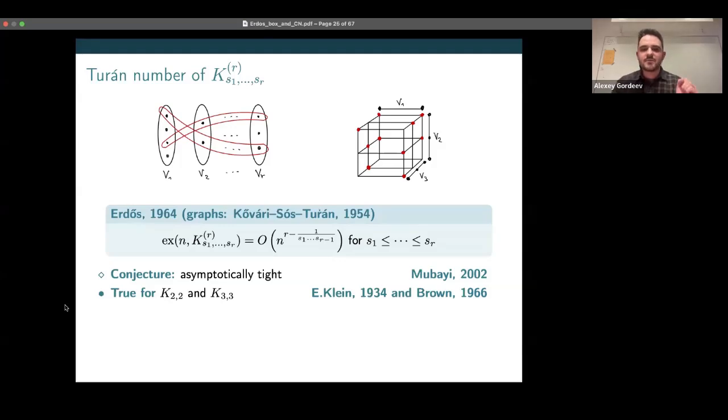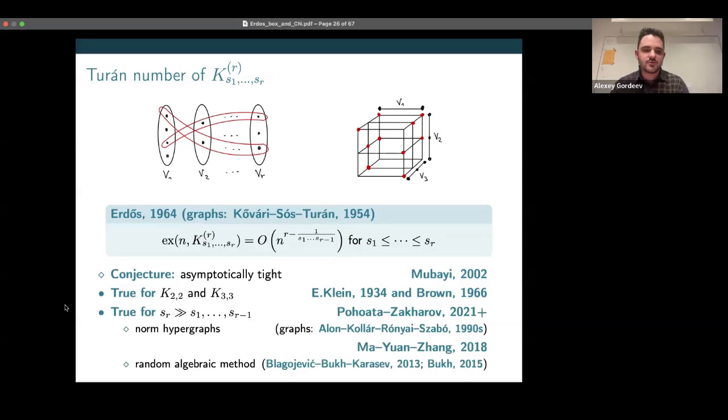And yeah, the only other case where the conjecture is known to be true is when the last part is much, much larger than all the other parts. So this bound says s_r should be at least the product of all the other sizes of all other parts, factorial, plus some function of the factorial of a product of sizes from all other parts. So it's much larger than all the other parts combined.